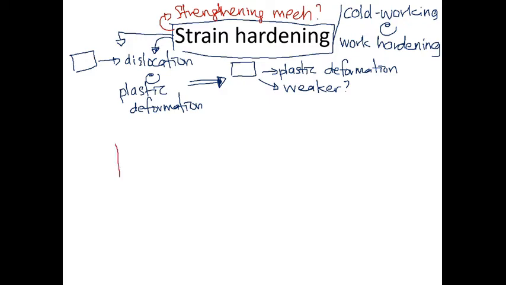So this is a stress and strain graph. Here is the stress, here is the strain. Usually for materials we will get this type of graph. If you look at the graph, you can observe two types of graph.